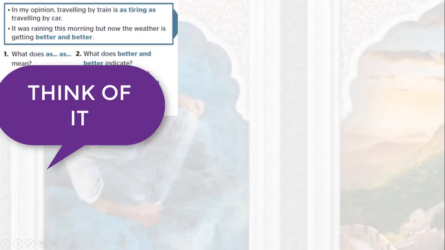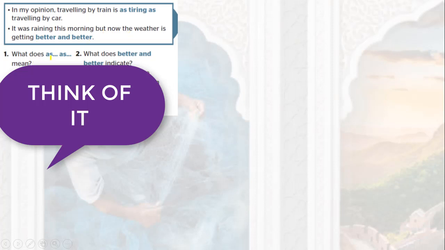The last question is to focus on the two examples and answer the related questions. Someone to read the examples? In my opinion, traveling by train is as tiring as traveling by car. And it was raining this morning, but now the weather is getting better and better.